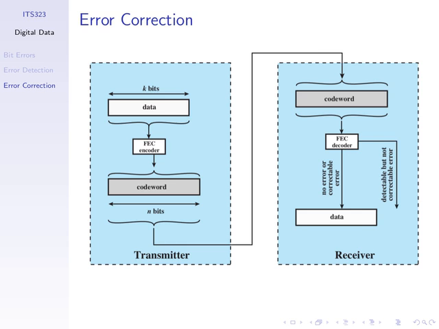Instead of transmitting the data, we transmit the code word, the n-bit code word, which represents that data. The receiver receives a code word and then uses the decoder to try and get the original data back. If there are no errors, we'll get the original data. If there are errors, we may detect them, and in some cases we can correct them. In some cases we cannot. That's the general process.